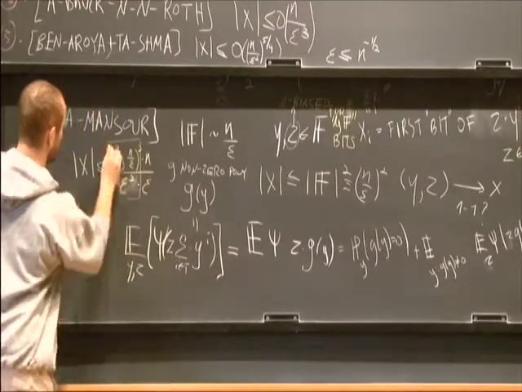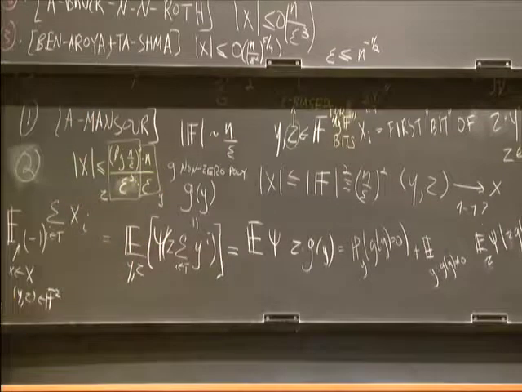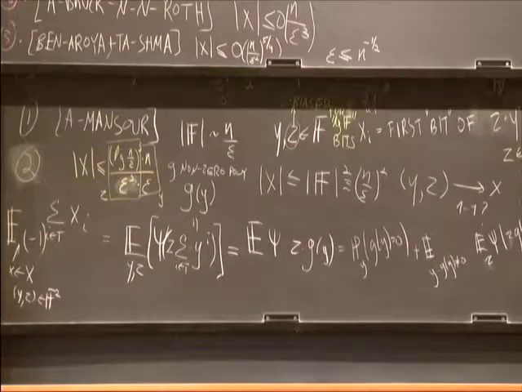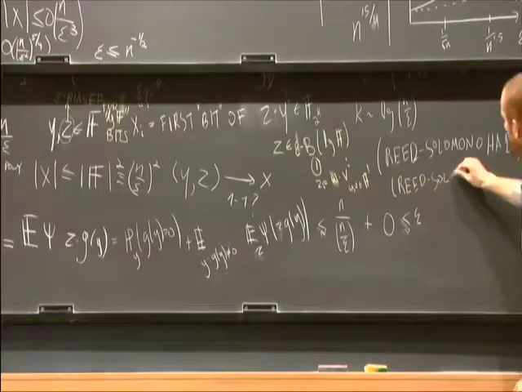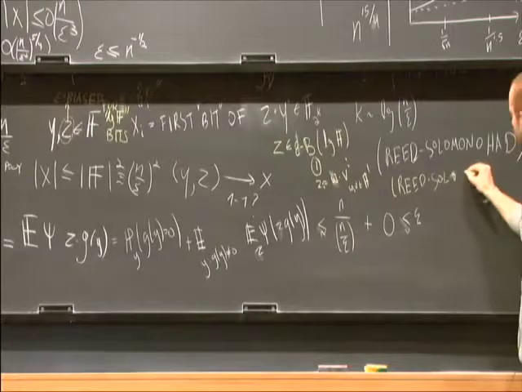This is the z part, and this is the y part. And again, in the coding theory language, y is the same, so it's Reed-Solomon. And then we concatenate it, not with Hadamard, but with a smaller epsilon bias.